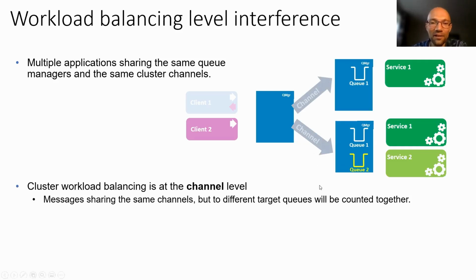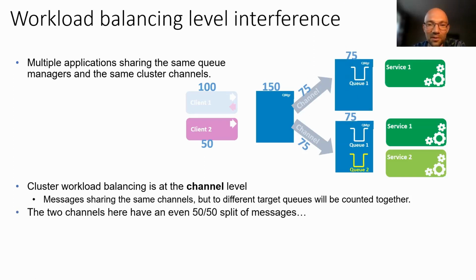So the queue manager on the left will send roughly half of the messages along the channel to the top queue manager and half along the channel to the bottom queue manager. If we have, in this example, 150 messages put to that queue manager, 100 by client 1 and 50 by client 2, then we've got an even split of 50-50 messages sent to the two service queue managers.